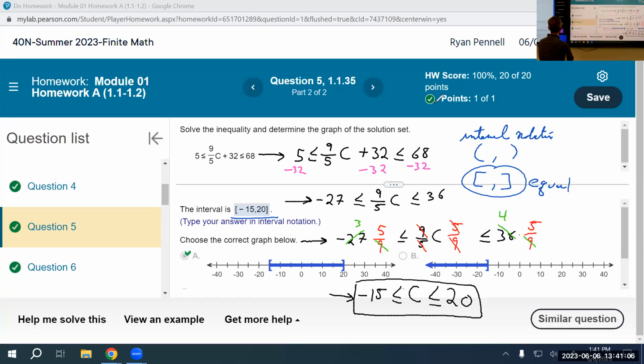But brackets are for when you want to include the number. If you took pre-calc, you probably saw a lot of problems where you solve for the domain of a function, and it can be really tricky deciding whether to use parentheses for this part or that. Luckily, this is fairly straightforward.